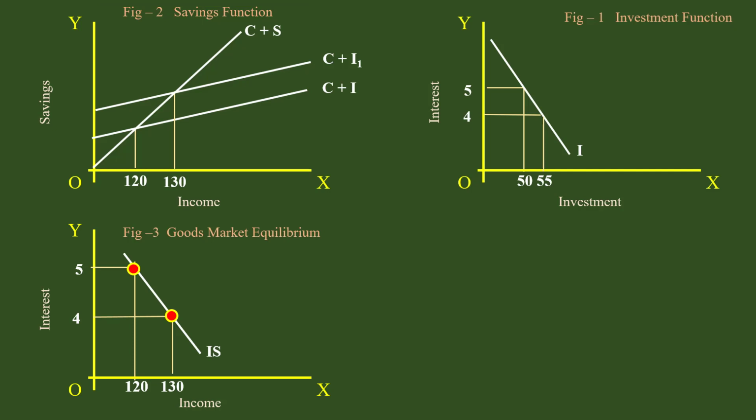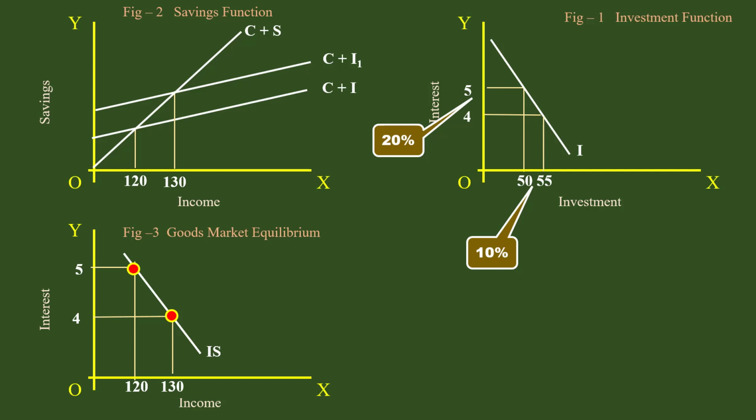Let us make use of the previous example. When the interest falls from 5% to 4%, the percentage fall in interest is 20%. Investment increases from 50 rupees to 55 rupees. The percentage increase in investment is 10%.